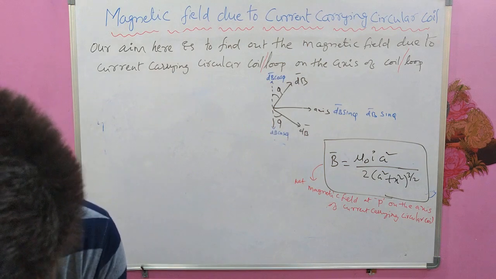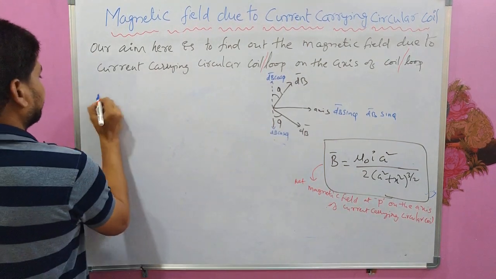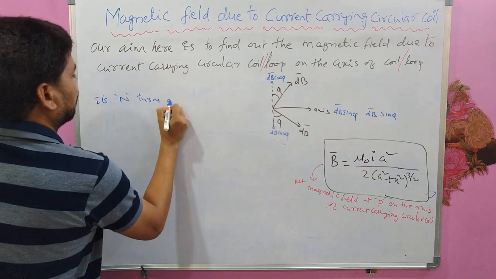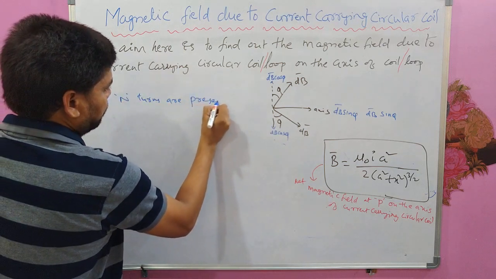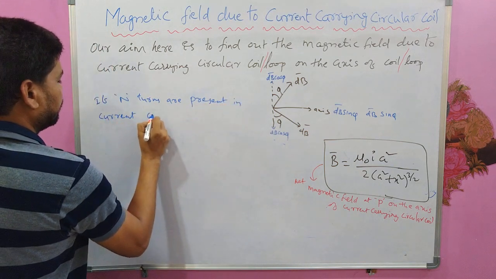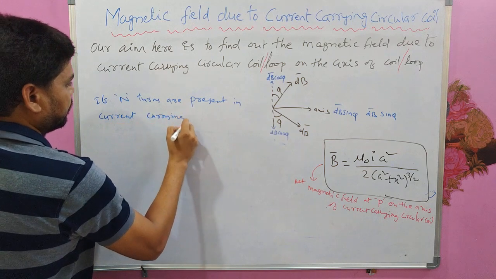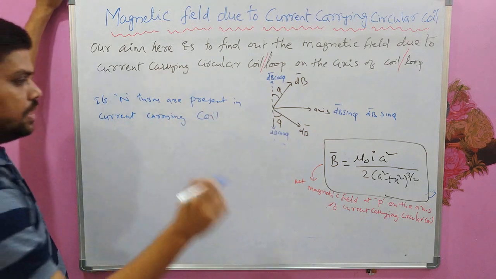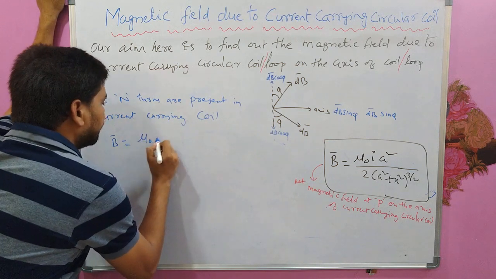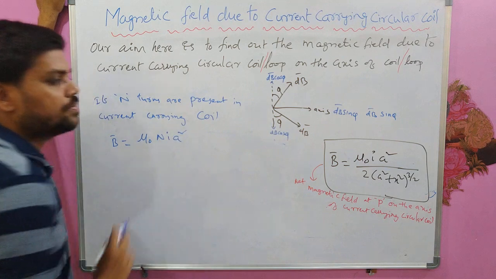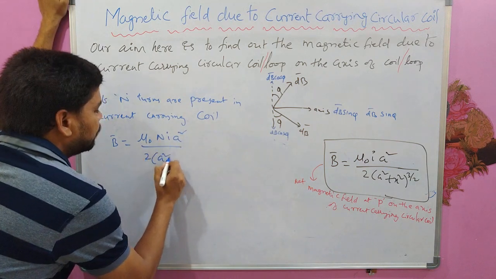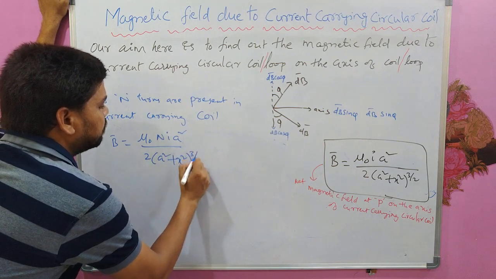The formula would be, if n turns are present in a current carrying coil, then B will be equal to mu naught NIA square by 2 into a square plus x square whole power 3 by 2.